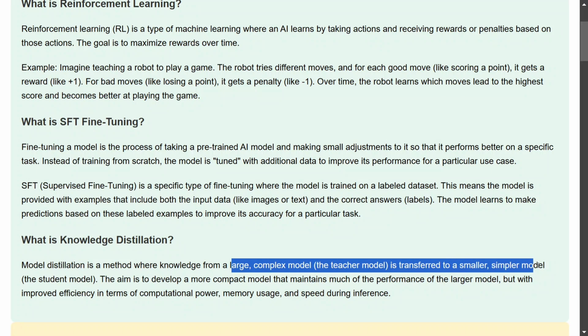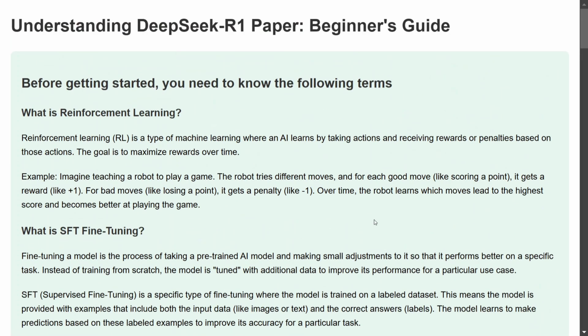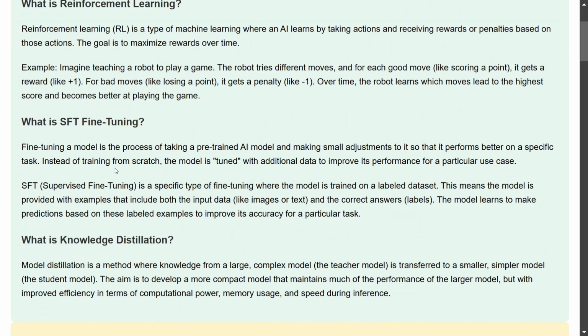The results won't be exactly the same, but at say 1/100th of the size, you would be getting almost a similar result. This is called knowledge distillation. So some of the versions of BERT were generated using knowledge distillation. If I remember, TinyBERT was one of the models that produced quite good results. Now, these are the three key concepts that you should know before jumping on to the DeepSeek R1 paper.